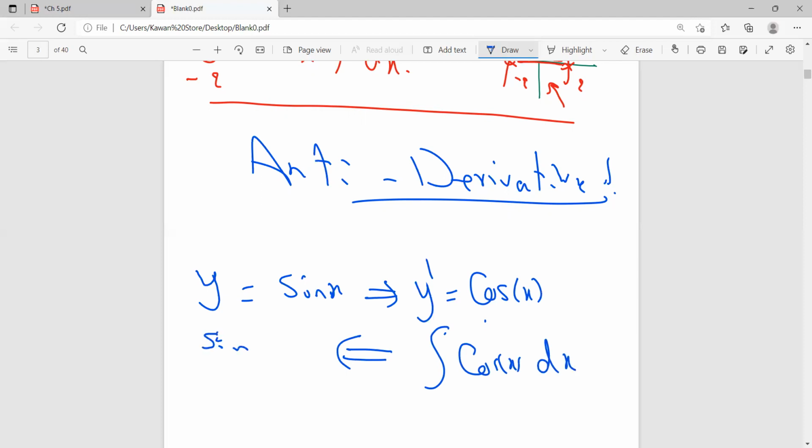The sine of x plus c. You can see here that's the derivative. Understood?